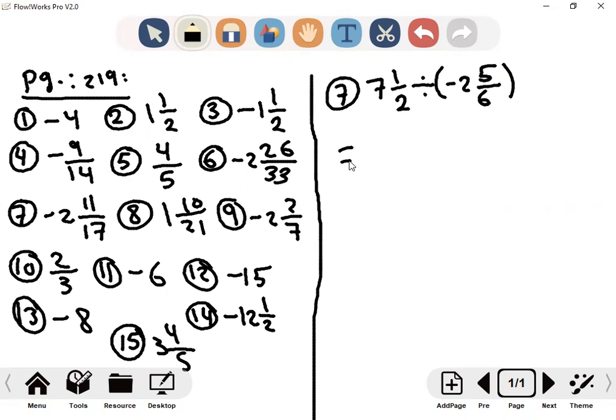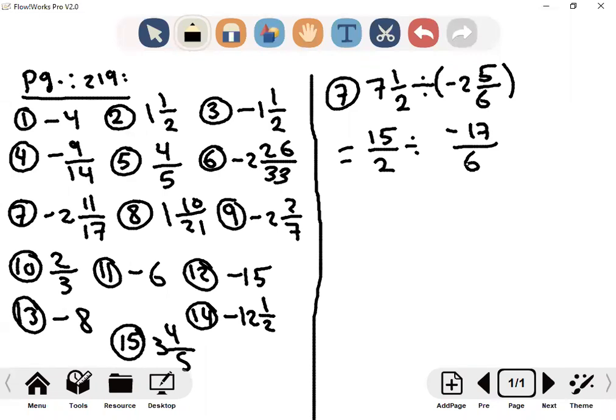Yes. This equals 15/2 divided by -17/6, with the negative. 2 and 5/6: 6 by 2 is 12, plus 5, 17/6, right?